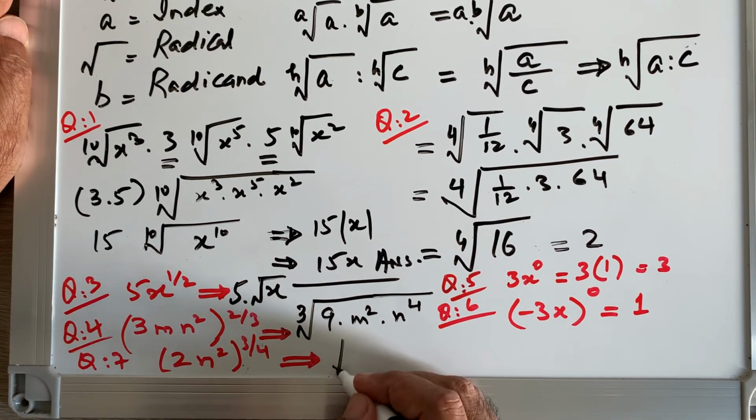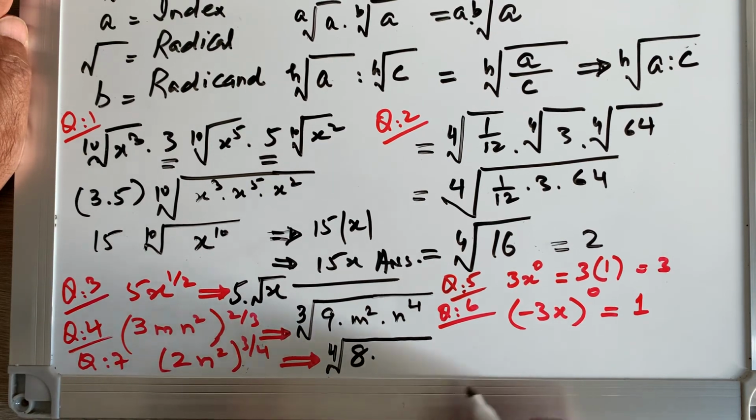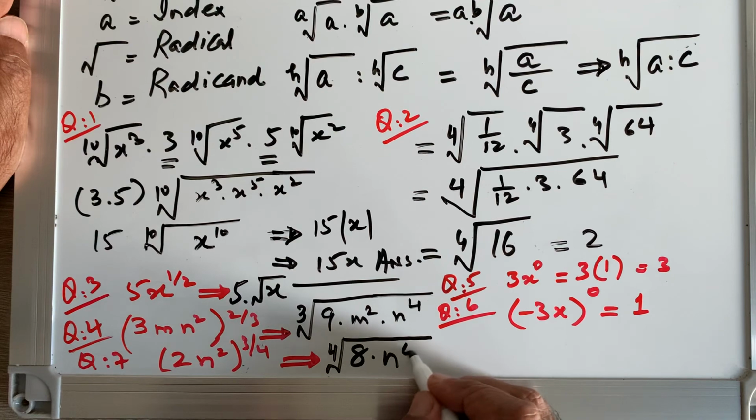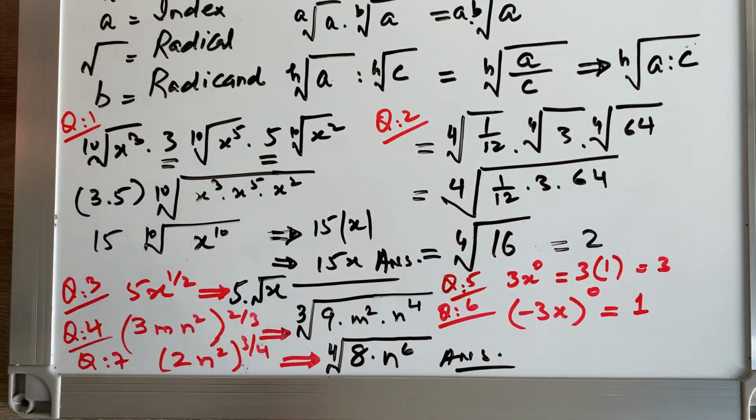You have to understand that the denominator always goes into the index. And the 3 is cubing everything in the bracket. 2 cubed is 8, 2 times 2 times 2, and n to the power 2 times 3 is 6. So index is 4: the 4th root of 8 n to the power 6.